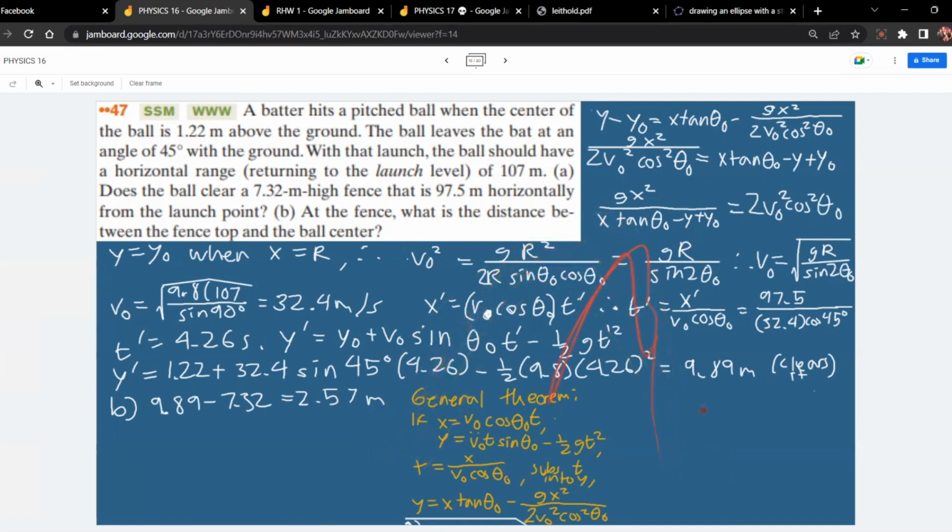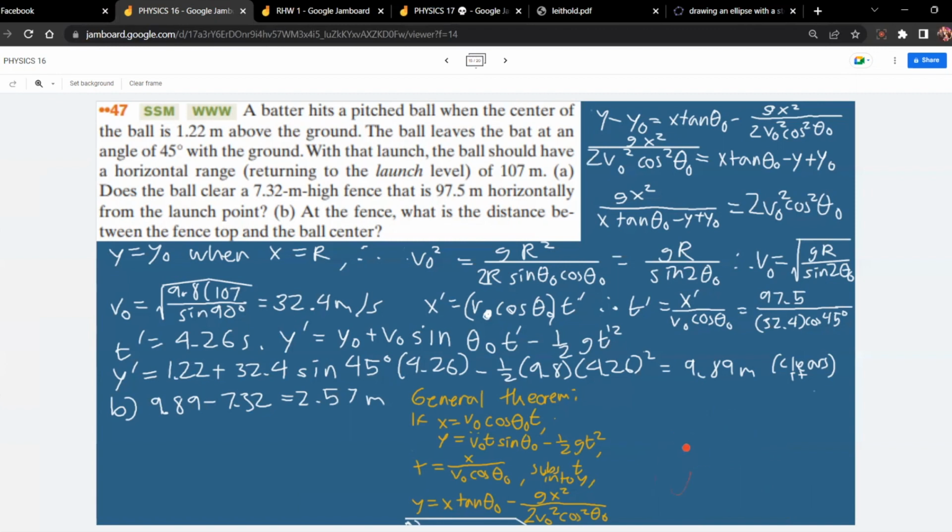So, yung trajectory is y minus y naught equals x tangent theta minus gx square over 2v naught square cosine squared theta. And ang sabi dito, with that launch, the ball should have a horizontal range returning to the launch level of 107 meters.